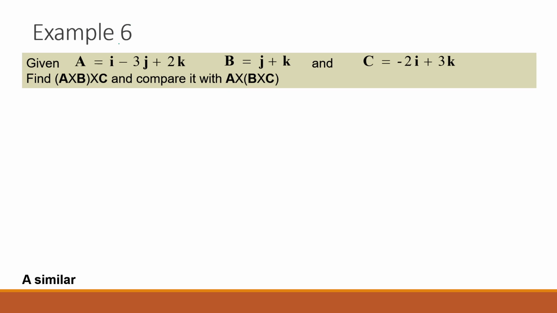Now we look at example 6. Given A is i minus 3j plus 2k, B is j plus k, and C equal to negative 2i plus 3k. Find A cross (B cross C) and compare it with (A cross B) cross C. You just do the cross product for the first one, and then compare.